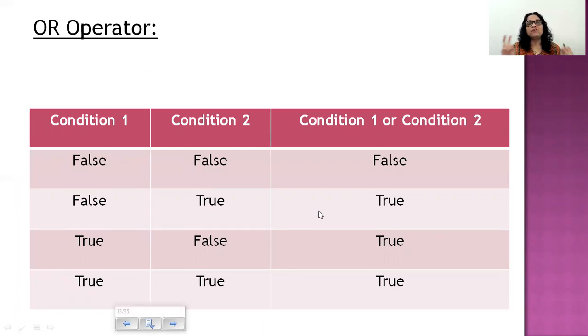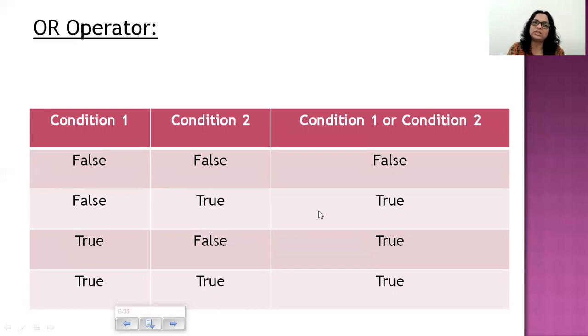Okay, let's go to the or operator. Or says if at least one of the conditions is satisfied, the statement evaluates to true. Even if I have only one condition satisfied, it's fine. If condition 1 only is satisfied, it's still true. If condition 2 only is satisfied, it is still true.